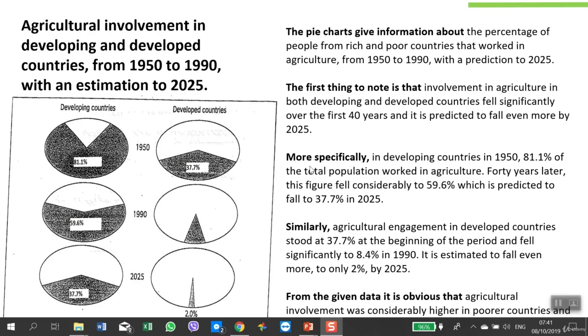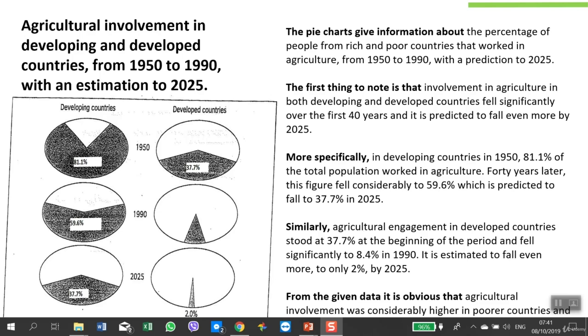Now we're going to begin with, of course, developing countries because they had the highest involvement in agriculture. In developing countries in 1950, 81% of the total population worked in agriculture. 40 years later, this figure fell considerably to 59.6%, which is predicted to fall to 37% in 2025.